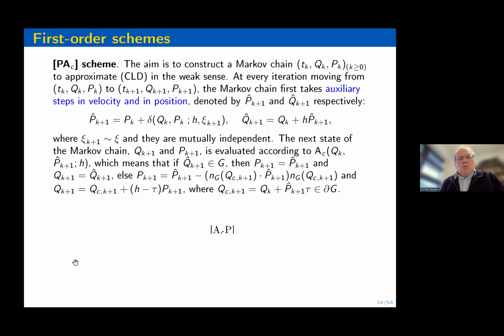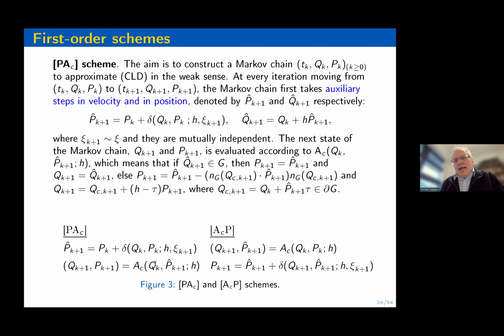In the first one, we first do the Euler step, this delta for B and the Wiener process, and then we do the collision step. In the other one, we do it the other way around. Both of them require just one evaluation of force per step, or one evaluation of B per step. And if we did not have a collision, then this last line would be just Q_{k+1} equal to Q_k plus H multiplied by P hat, and that's an Euler type scheme, which has first order weak convergence. But then we would be living in the whole Euclidean space.